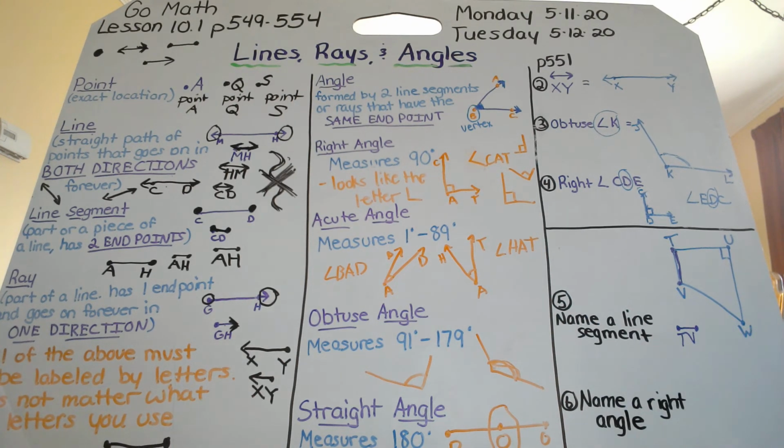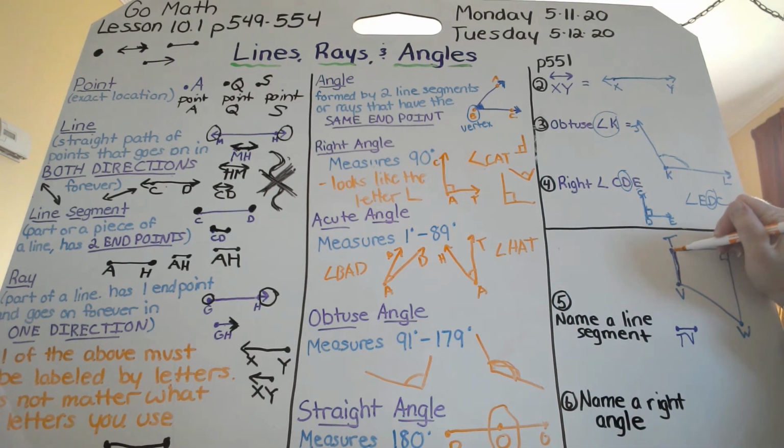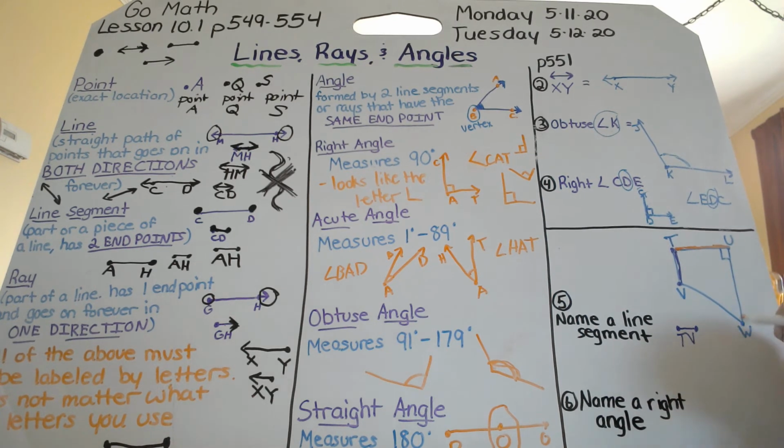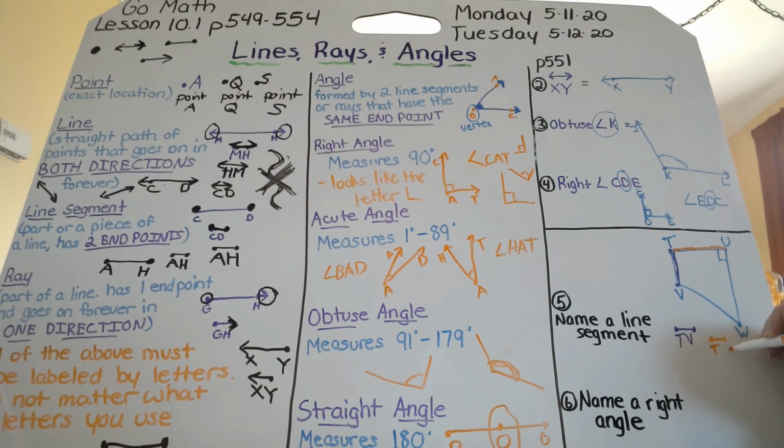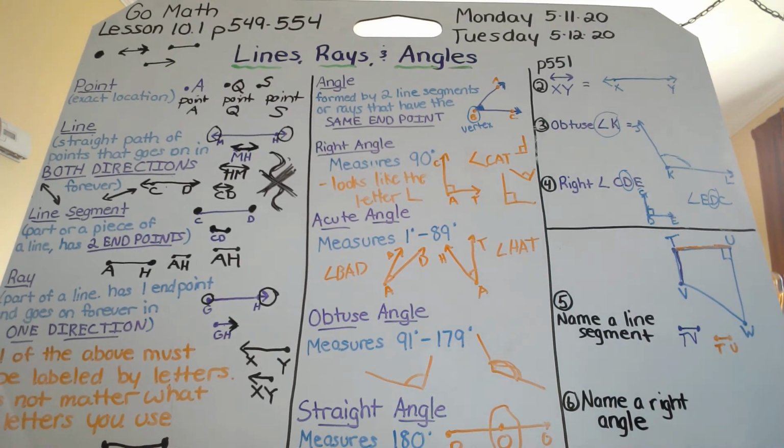Any more line segments that we see? I heard somebody say TU, which is right here, and that is also an example of a line segment, TU. What else do we have?